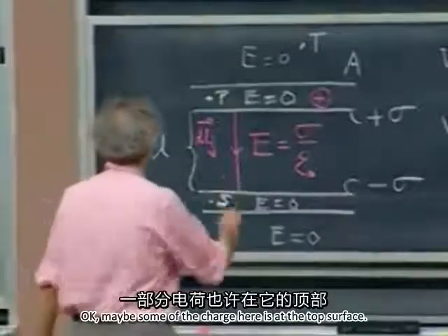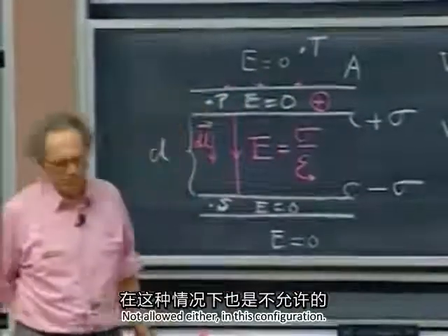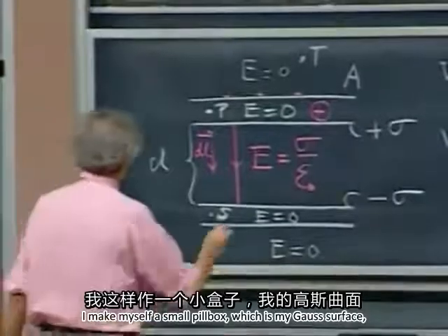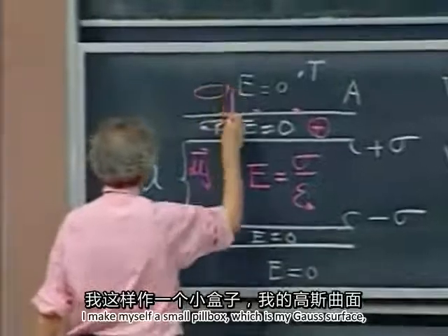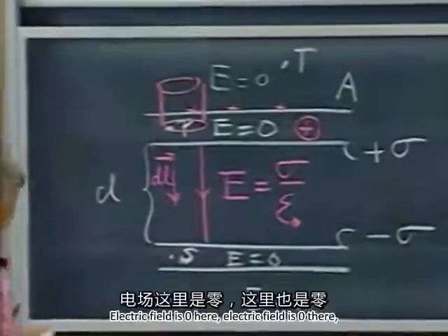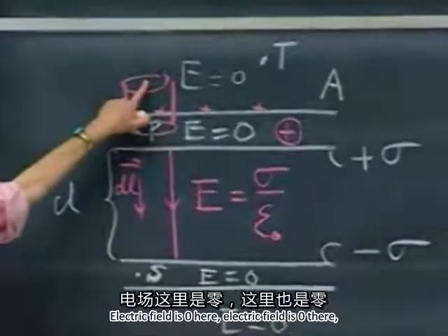Some of you may say, okay, maybe some of the charge is at the top surface. Not allowed either in this configuration. I make myself a small pillbox, which is my Gauss surface. These are flat ends. Electric field is zero here. Electric field is zero there.